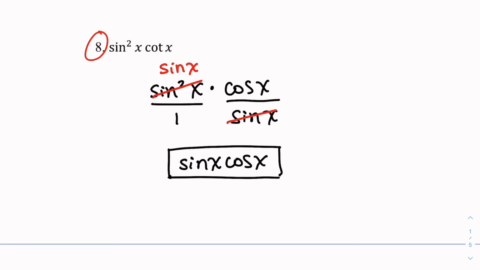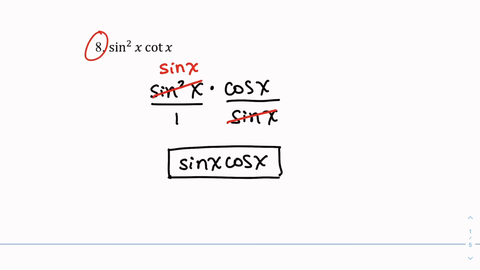Now, you might be thinking, shouldn't we be able to simplify this? But there is no formula. If you notice in the top of your notes, there's no formula for sine times cosine. Whatever way you try to rewrite this, it won't get any simpler than this. So we're good to go. As long as your answer is in terms of sine or cosine, there's no additional work to do.